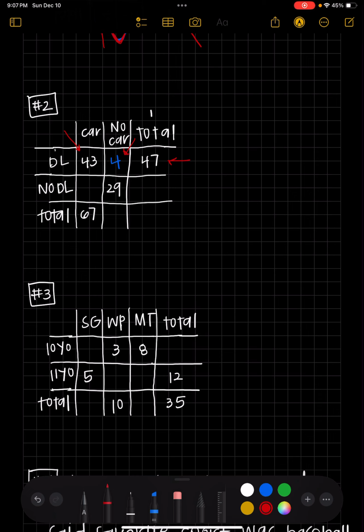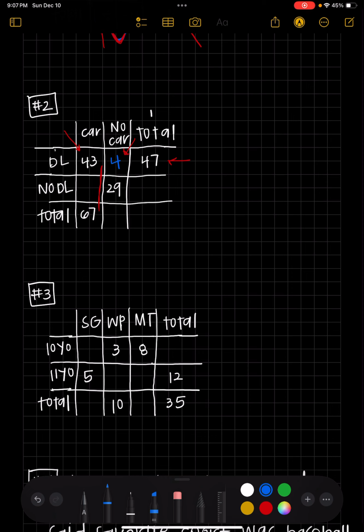Again, I'm looking at this column right here. I know there are a total of 67 people who own a car, and 43 of those people have a driver's license. So how many of those people do not have a driver's license? We're going to do the same thing as what we just did with the other one. We take the total amount, which is 67, and subtract the amount of people who have a driver's license to figure out how many people do not have a driver's license.